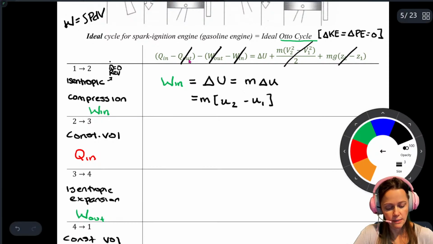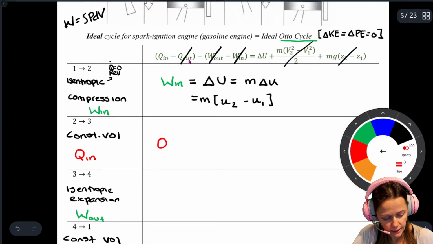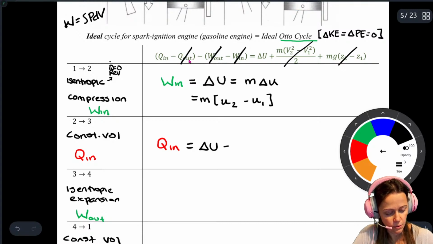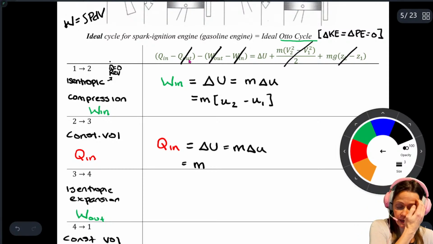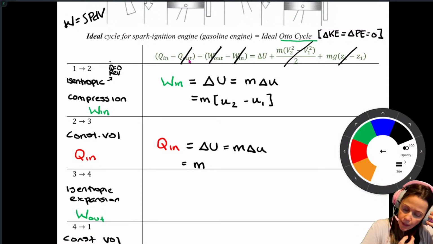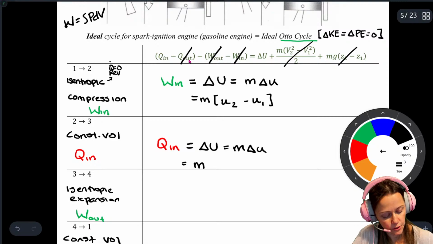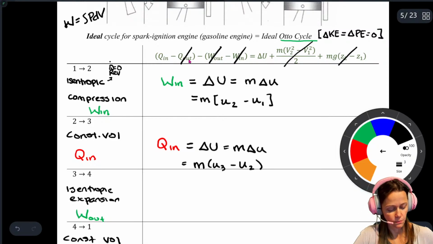So this and this go away, and all I've got is Q in is equal to delta U, or M delta little u. And that's going to be what it is after, and in this case, what it is after is U3. What it is before is U2.